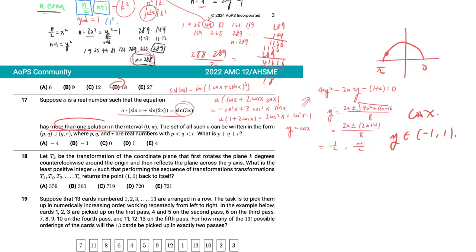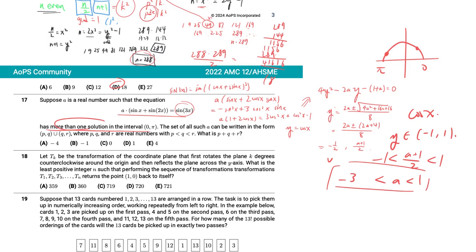It would correspond to a successful angle of x. And so here, this -1/2 works, and we want this a plus 1 over 2 to be within this range. So a should be between -3 and 1. Right, so this is our constraint for a in general.